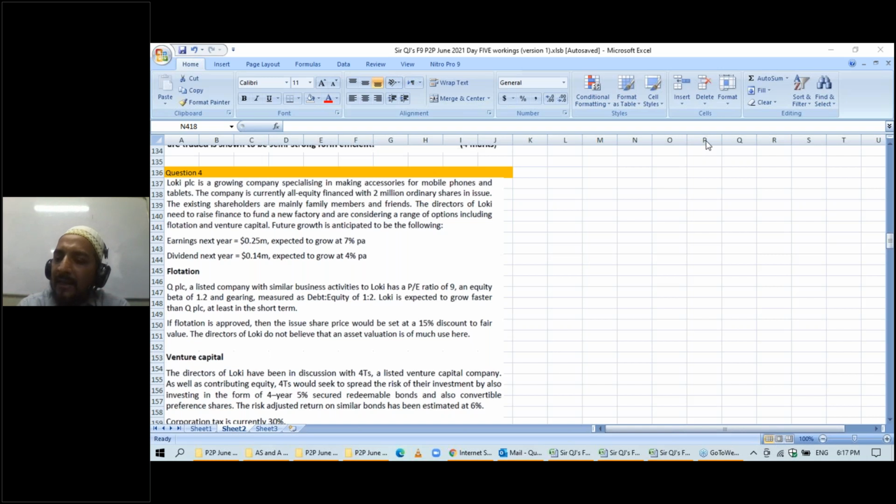So the main technique in business valuation is to estimate the future cash flows associated with the investment, whether it is shares or a loan or a convertible bond in which you are going to invest. If you are investing in a share, you will be estimating the future cash flows, like dividends will be the future cash receipts. If you are investing in loan notes, the interest will be the future cash receipts and the redemption amount will be the cash receipts.